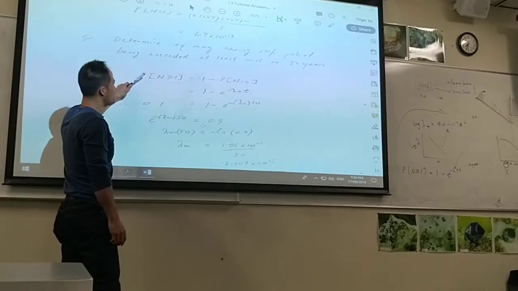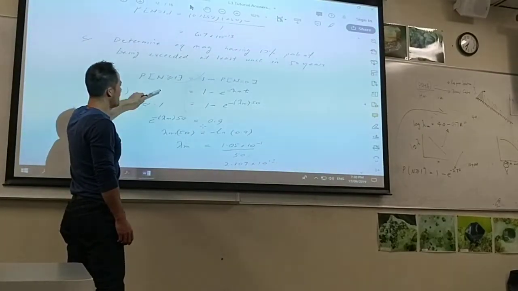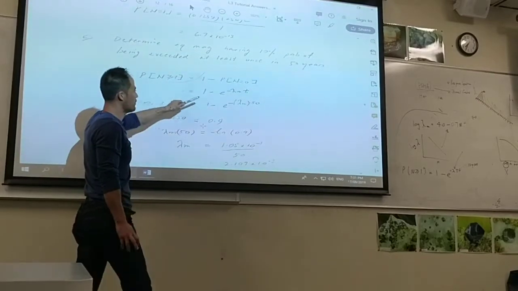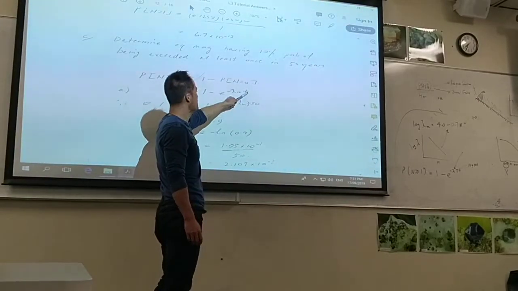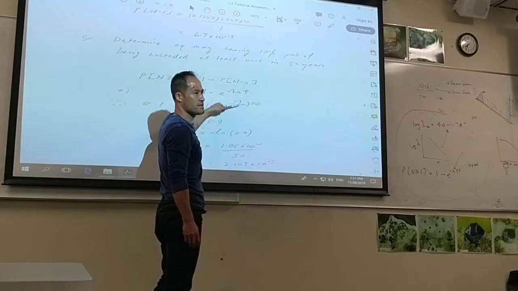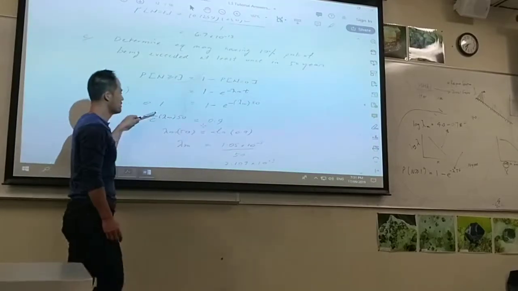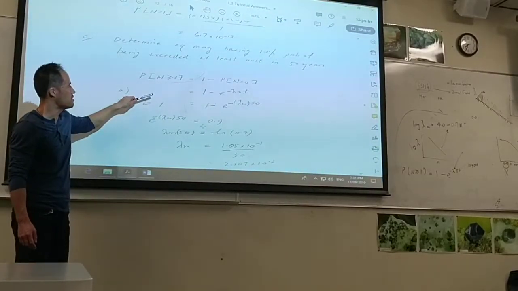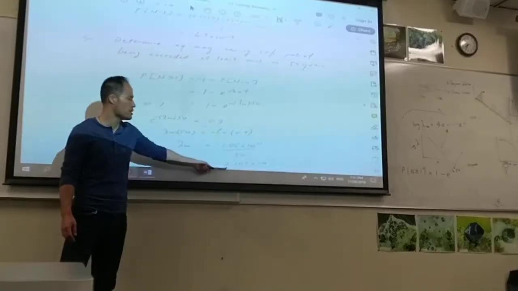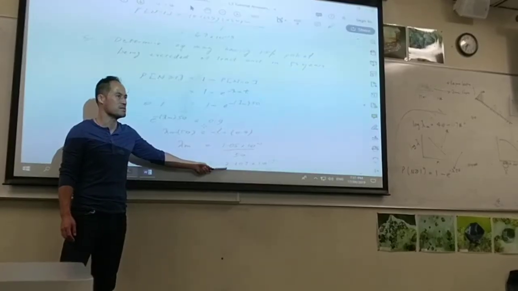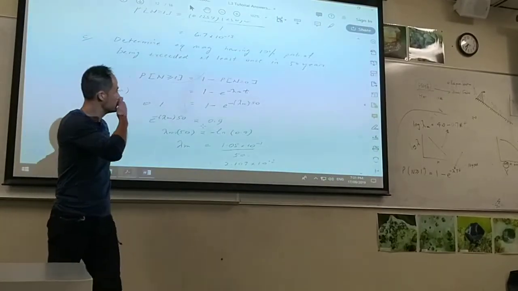I've got the 10% probability, I've got the 50 years here, so I want to solve for that. That's just a little mathematical exercise, and then you can solve for what the annual exceedance probability is.